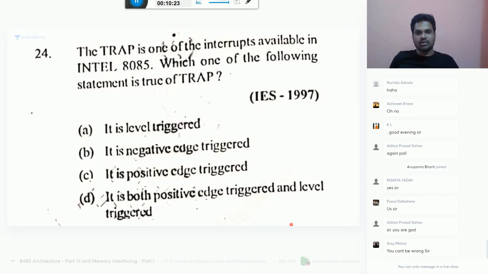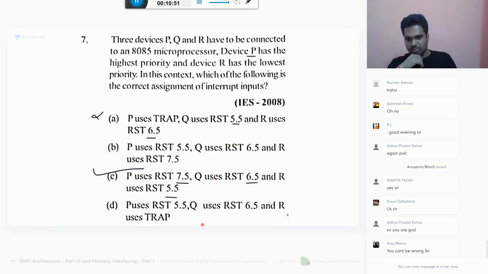Okay, Patel G. TRAP is one of the interrupts available in 8085. Which of the following statements is true for TRAP? So let's see. Any doubt? If A was also right, you mean if the examiner had given 6.5 here, in that case you can use A. Okay, and C is also correct.